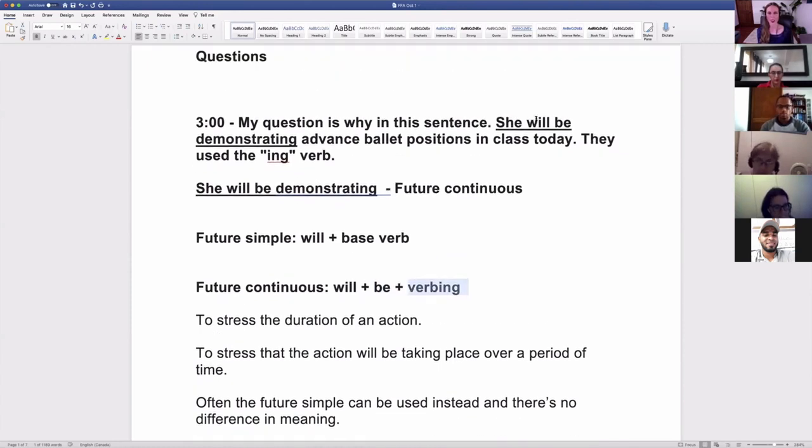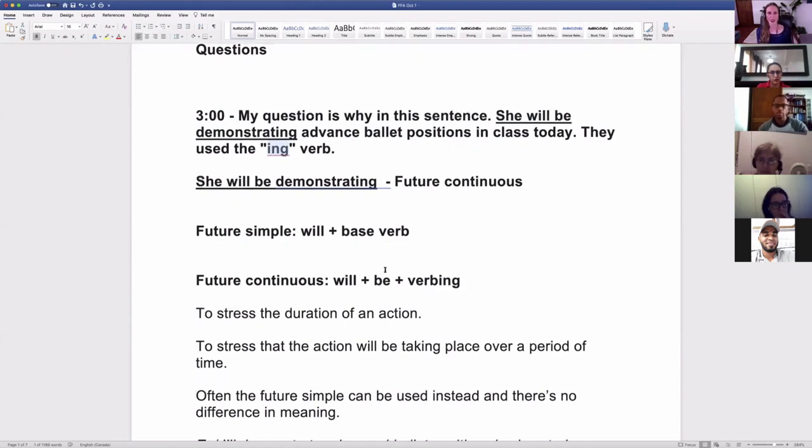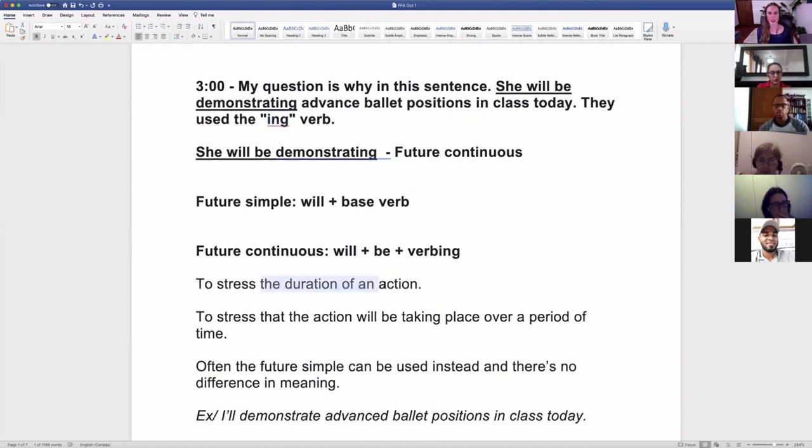So why are we using the future continuous here is now the question, because it's not just why we're using the ing. We're using the ing because it's the future continuous, and the future continuous requires the ing verb. But why is this sentence in the future continuous? We use the future continuous to stress the duration of an action.